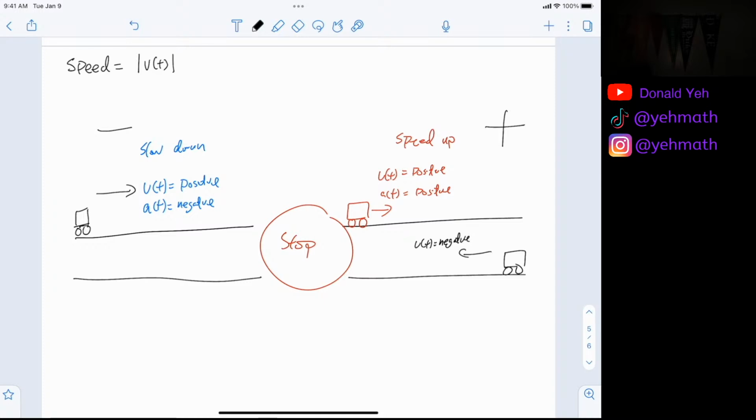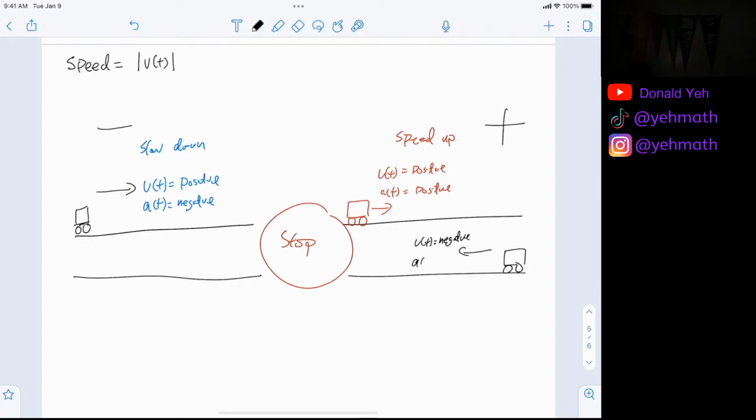Negative? The car is coming to a stop, so it's slowing down again. When you go to the stop sign, you have to slow down, but you're going in the opposite direction, so it cancels out.